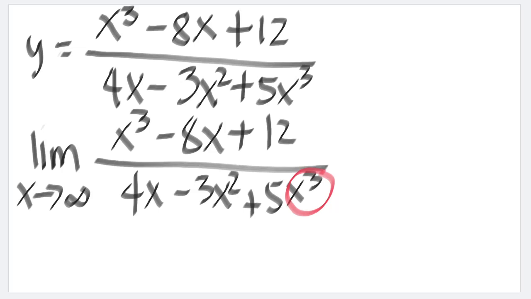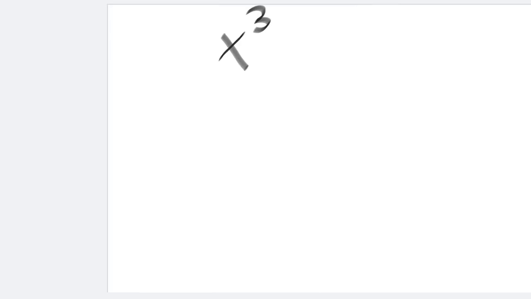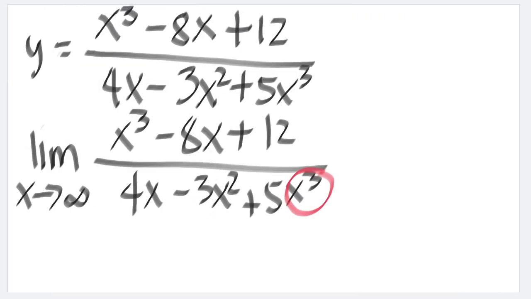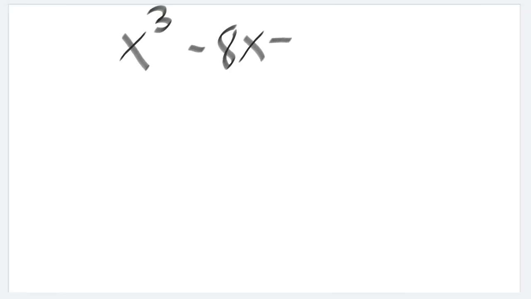So, this is equal to, I just have to write it on the other whiteboard because the board is quite small. It will look like this: x cubed minus 8x plus 12.